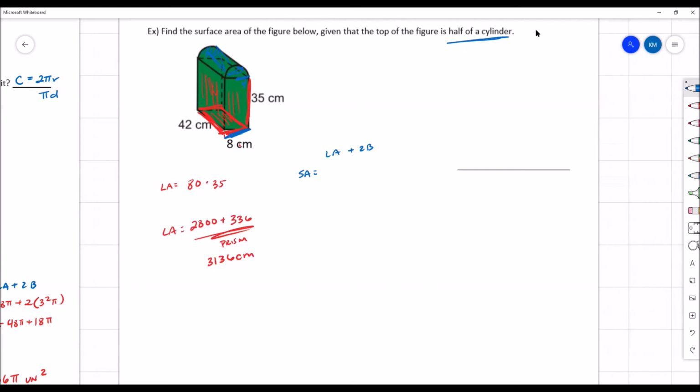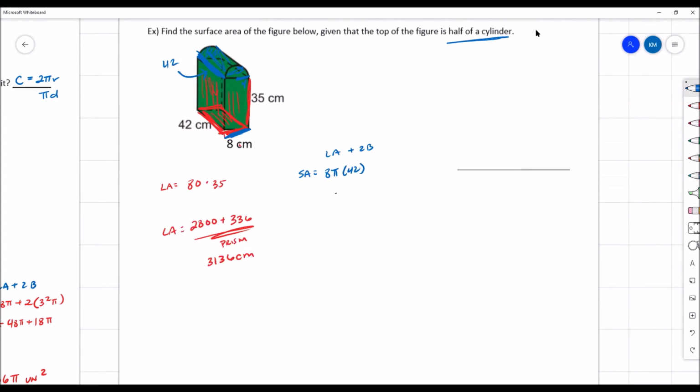That's important because we need it for the area of our base and for the circumference. For our lateral area, the circumference is 2 pi r, or 8 pi. The height of our cylinder is 42. Notice that the height of the cylinder is different than the height of the prism. The height of our cylinder is here, so times 42.